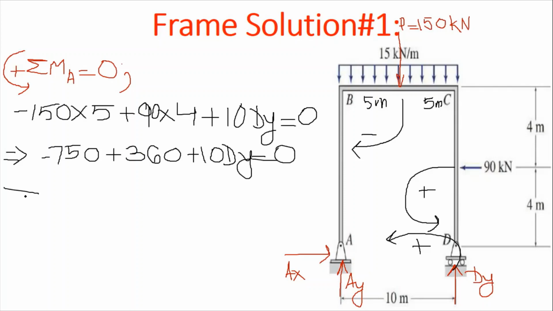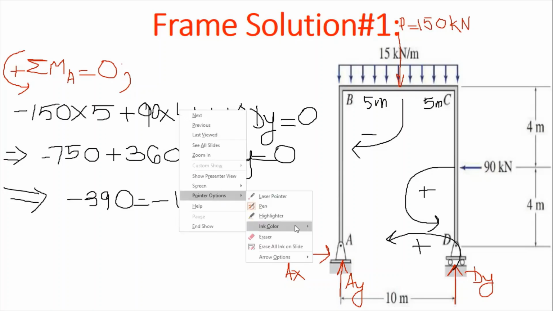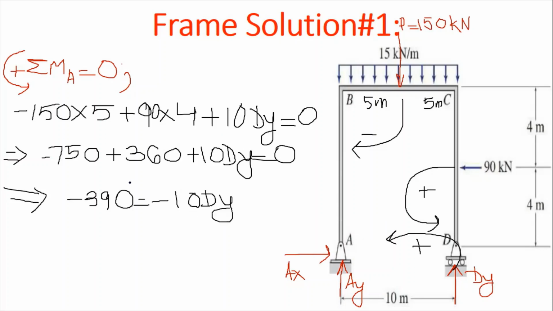So what we have to do? Let me do it with the calculator. So minus 750 plus 360, it is coming out to be minus 390. And we can also check the value of minus 10 dy. So 0 0 cancel, and minus minus is also cancelled.